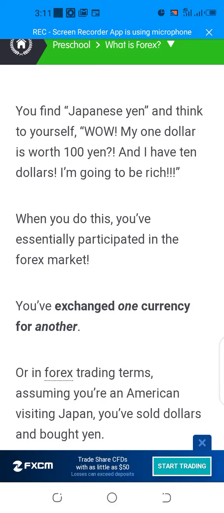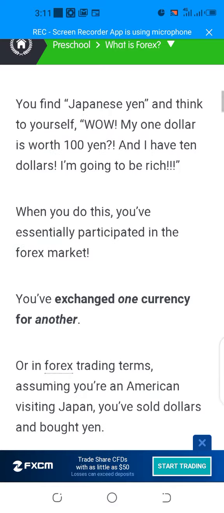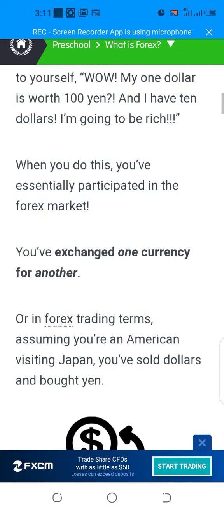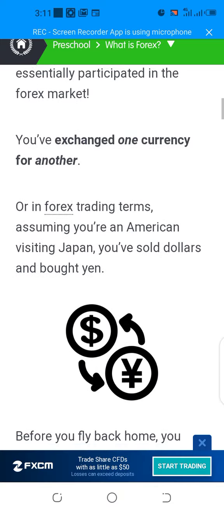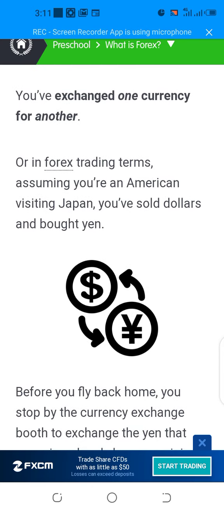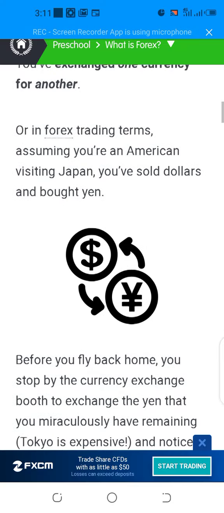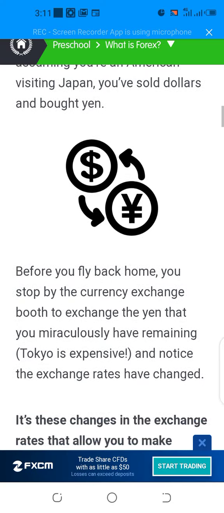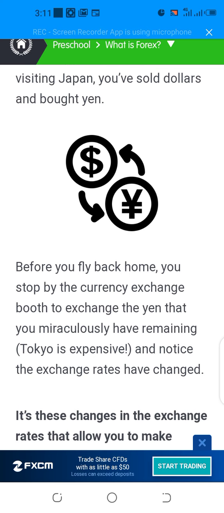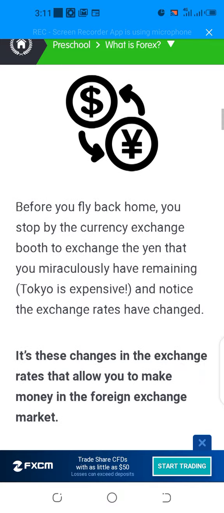Currencies are traded in pairs. For example, we have USD/EUR, USD/Great British pound, USD/Japanese yen, etc. For example, the USD means the US currency, also called the greenback or the buck.